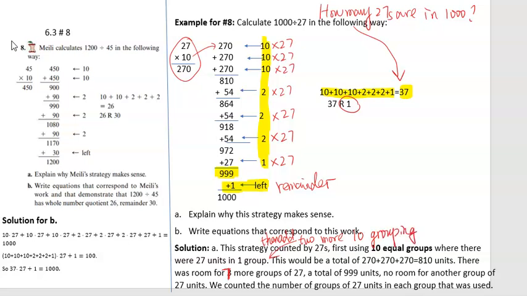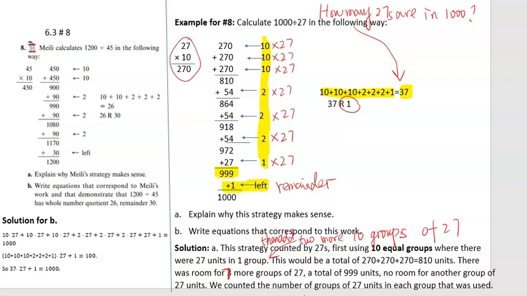So that's a total of 2 more 10 groups of 27. So that's a total of 810. So this refers to a total of 30 groups of 27 here. So this paragraph pretty much explains what we're doing here.